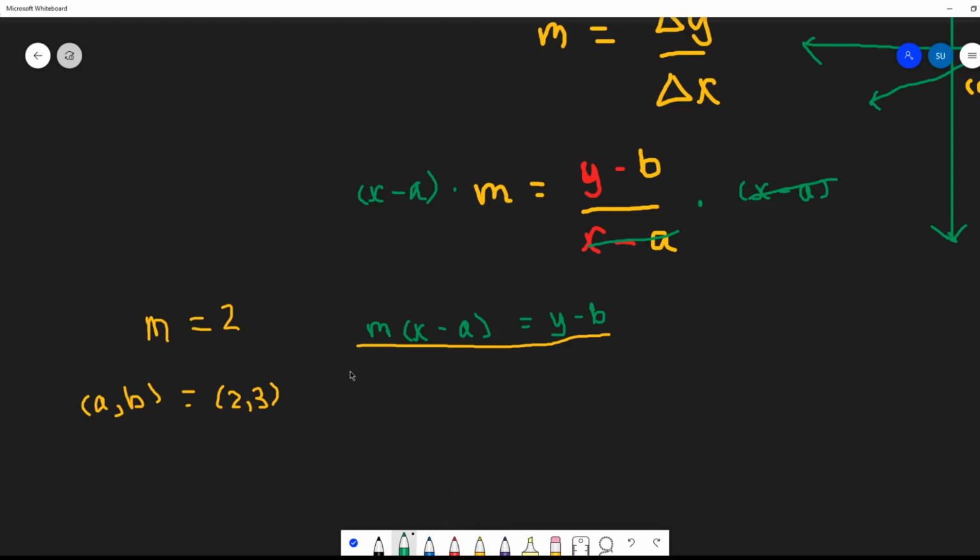I already have a yellow pen right here. But plugging these numbers into our point slope form equation, we get 2 times x minus, what is it? x minus 2, yeah, equals 3, or sorry, y minus 3.